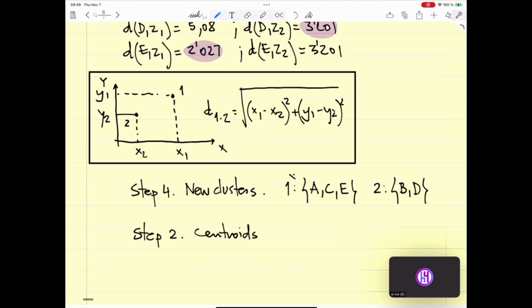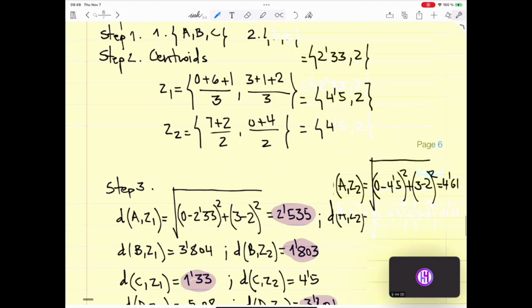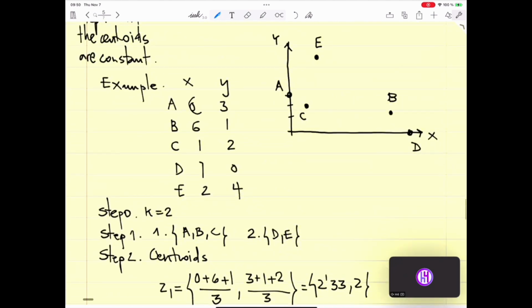The new centroids are: centroid 1 are the points 0 plus 1 plus 2. I take the x coordinates of A, C, and E divided by 3. So 0, 1, and 2, okay?